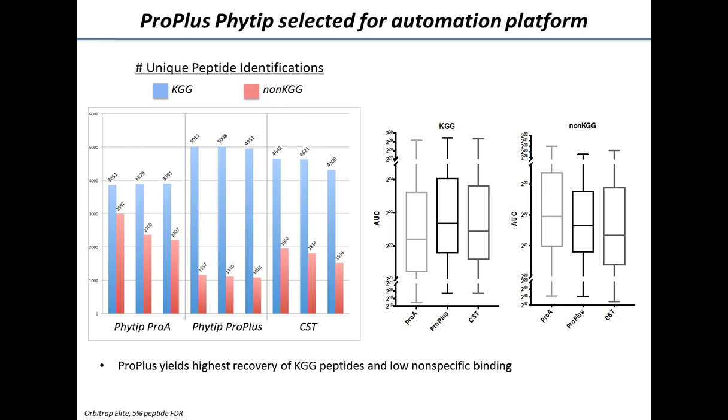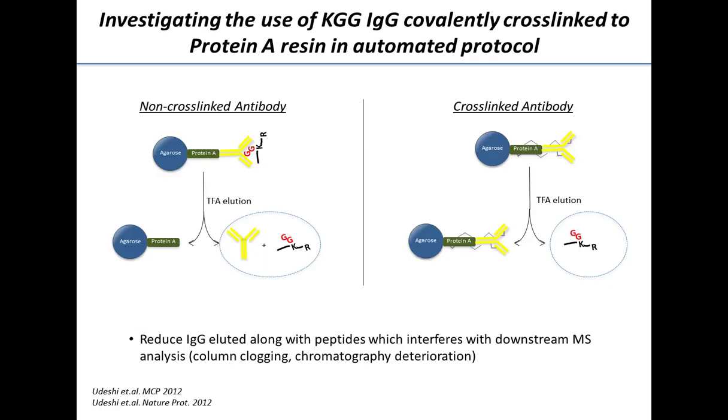And if we look again at the quantitative data, you can see that we do have the highest recovery of KGG peptides with Pro Plus with low nonspecific binding. And so we decided to go ahead and select the Pro Plus 5-tip for our automation platform.